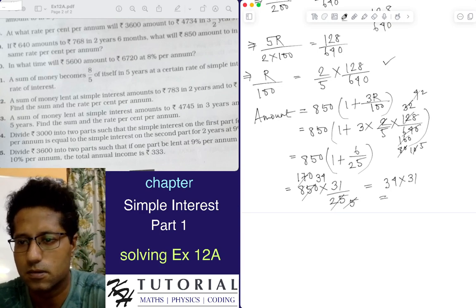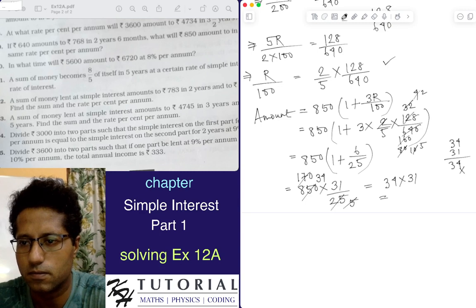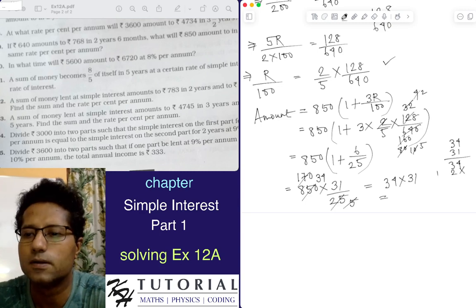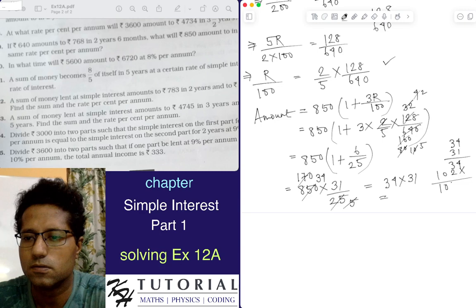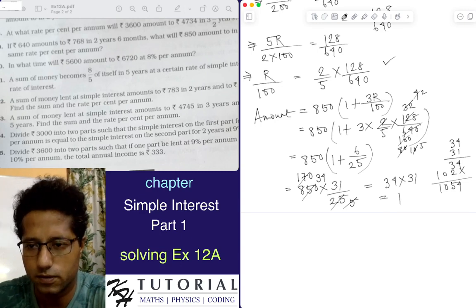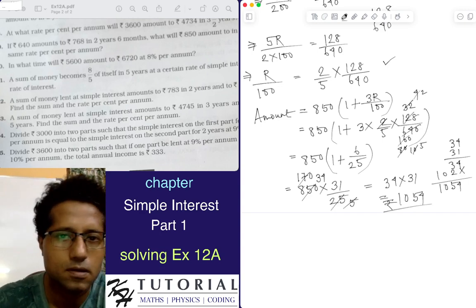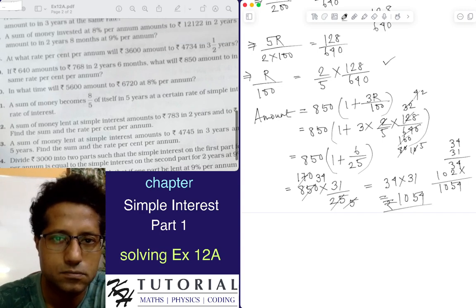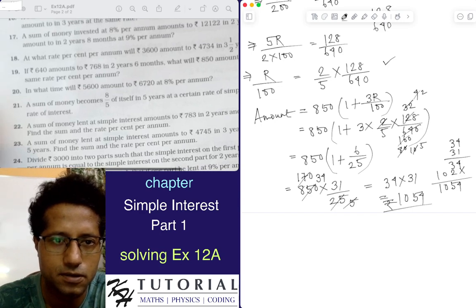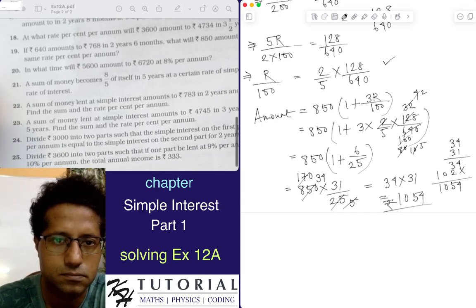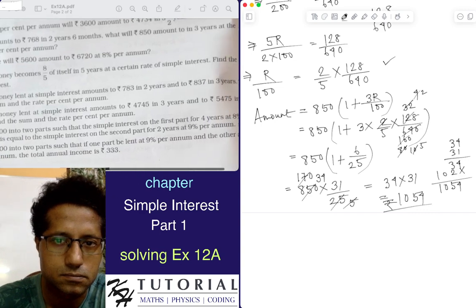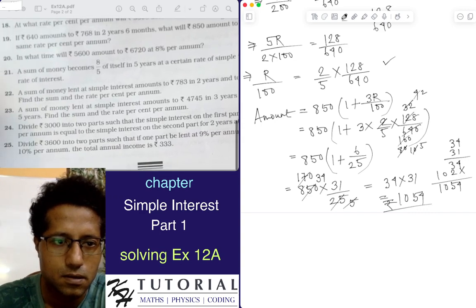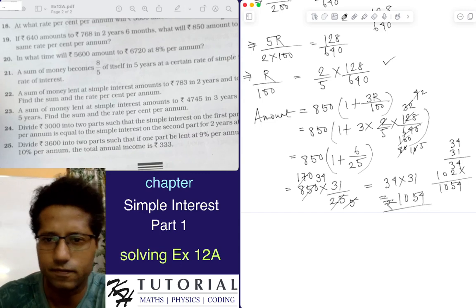This is how much? 34 into 31. 34 multiplied by 12, 10, 1054. So 1054 should be the amount of rupees 850 at the same rate percent per annum. Let's see question number 25. Let's skip to 25.